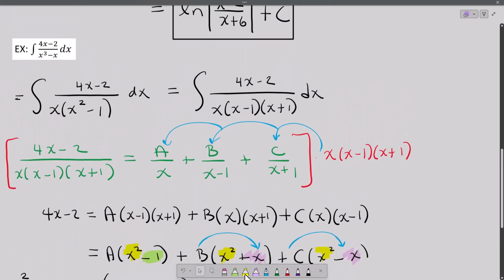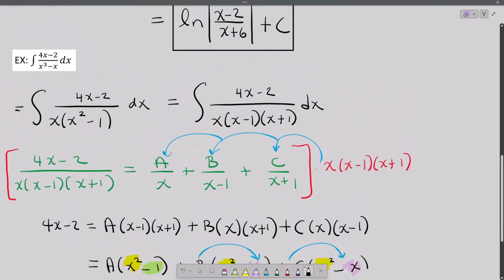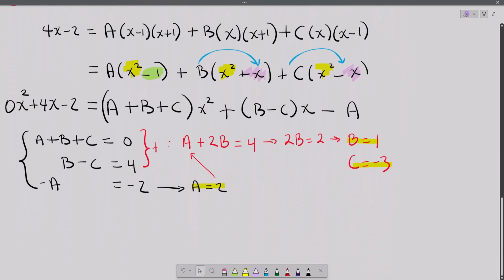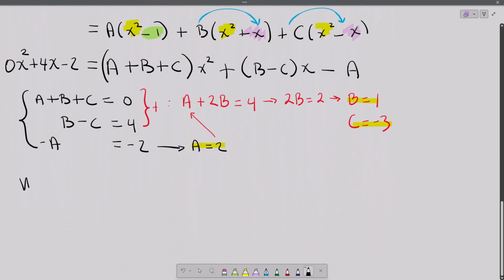So our integral, whatever we want to call it, I'll call it W. Our original integral is now equal to the integral of 2 divided by x.